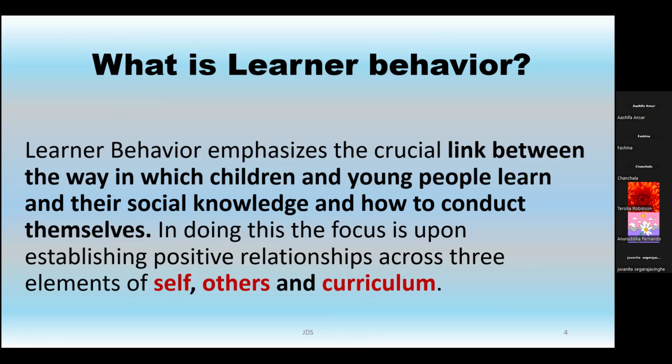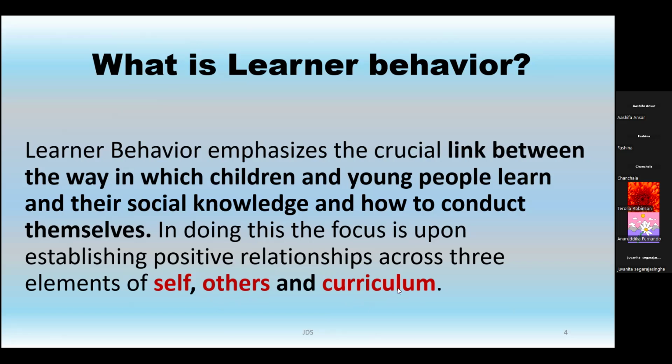trusting that he can cope with the situation, and also based upon the interaction that he is having with the others, and also the school curriculum through education. Curriculum stands here for education.